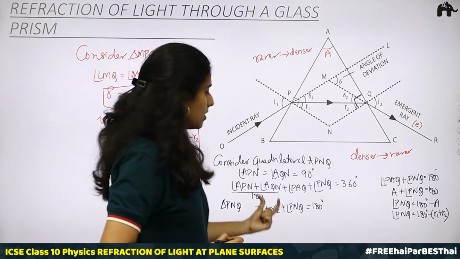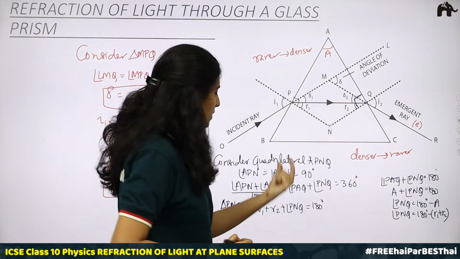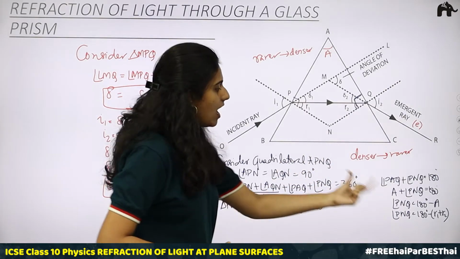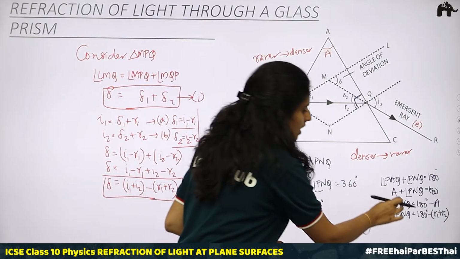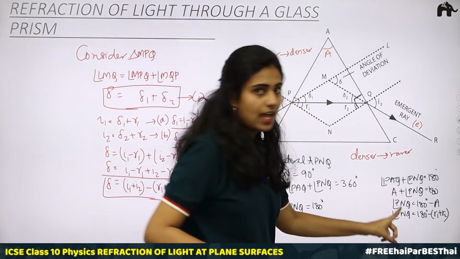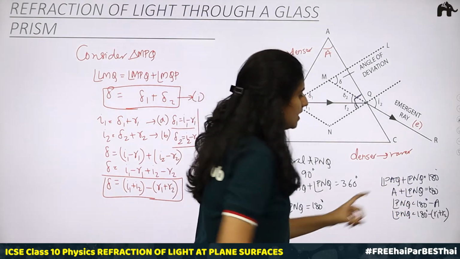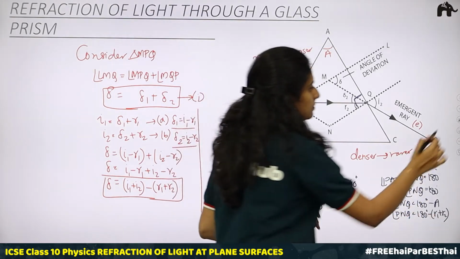Taking this R1 plus R2 to the opposite side, we get angle PNQ is equal to 180 degrees minus (R1 plus R2). So, in these two relations, we have angle PNQ on the left hand side. If left hand sides are equal, right hand sides should also be equal.